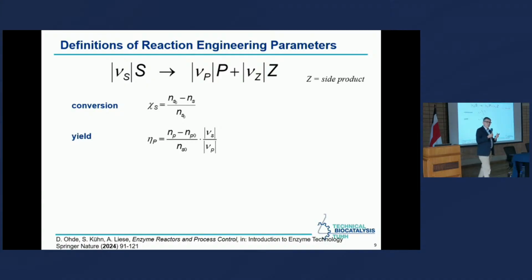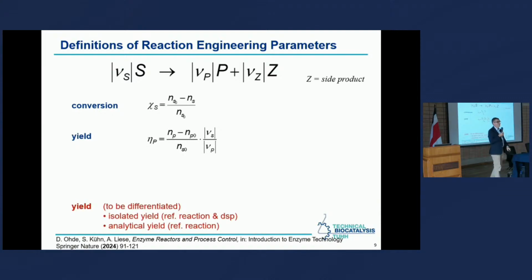And now we need to learn something about selectivity, because we have a side product we don't want. So we want to know how selective a product is being produced. And that is described by selectivity. And the selectivity describes how much product is produced in terms of what has reacted.